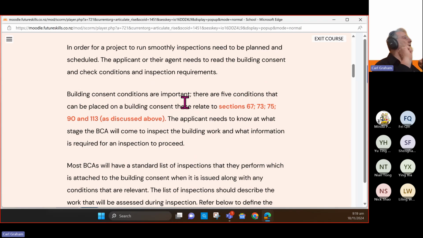Not necessarily in the Building Act sense, but the idea of, I want you to do this, but you're only allowed to do it this way. I would say that's a condition. Would that be correct in your understanding?